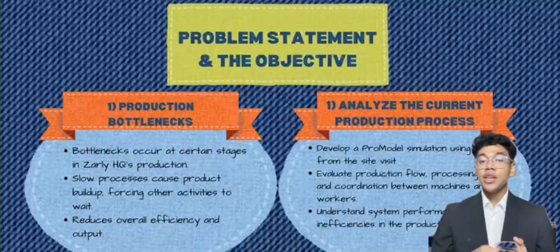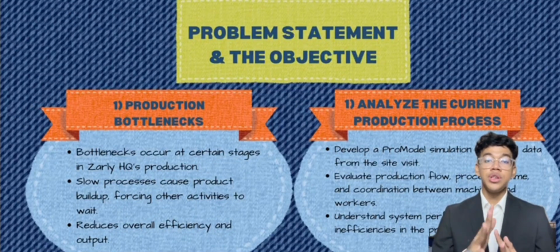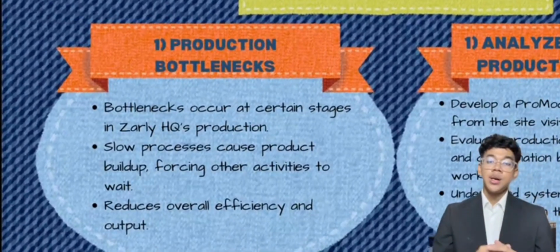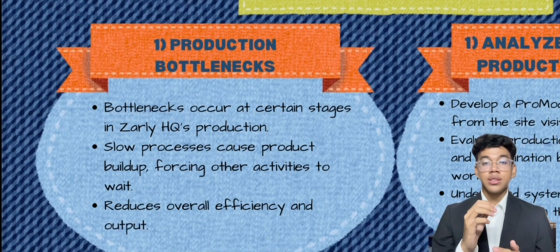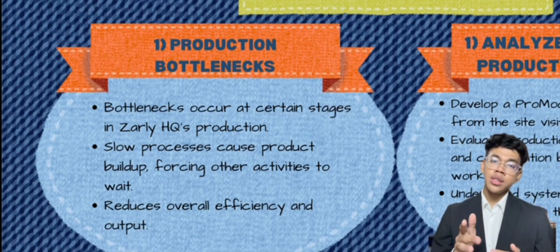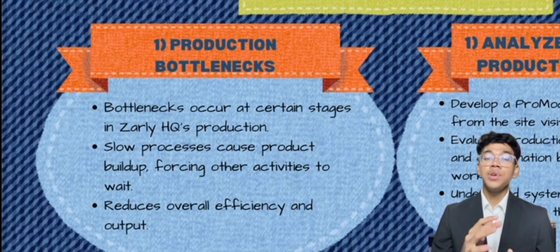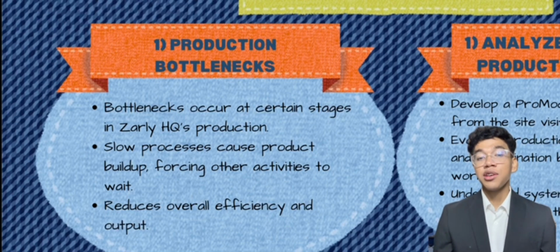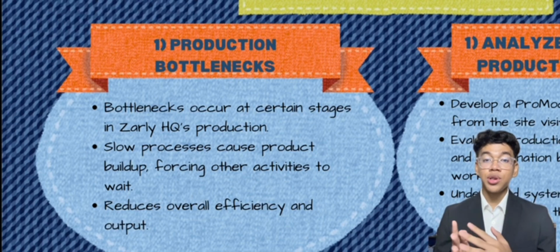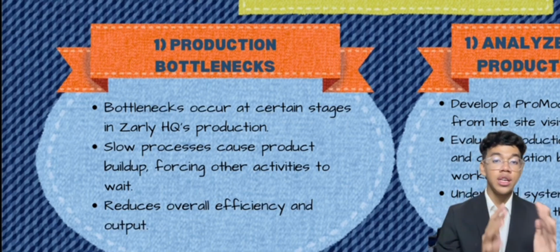Now, I will explain the first issue, which is production bottlenecks. Based on our observation, bottlenecks occur at certain stages in the production line. When one process takes longer time, products begin to accumulate at that station. This causes delays because the next process has to wait before continuing.